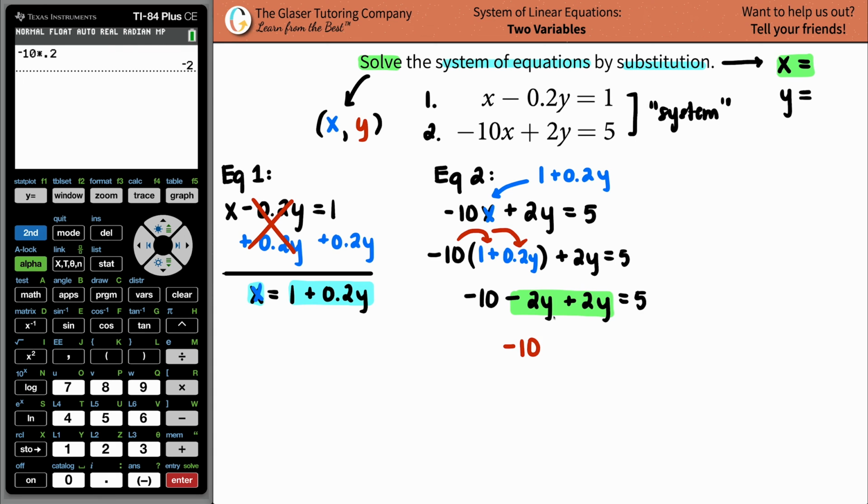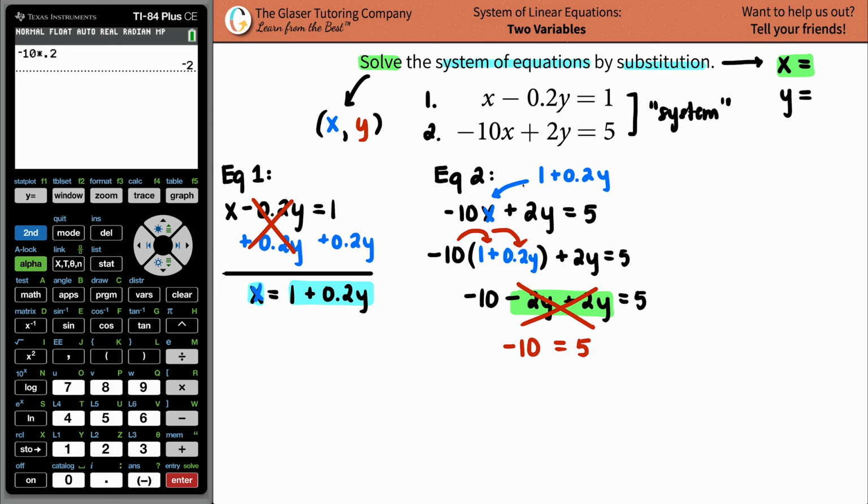Negative 10, this cancels out. Negative 2 plus 2. And I just want to make sure, yeah, this was a plus 2y, and this was a negative 0.2, so this had to become a positive. I'm just triple checking. Always good to triple check. And then this one was a plus, that turns into a minus. Yeah, okay. So we're going to stick with it, and we're going to say that these cancel out.